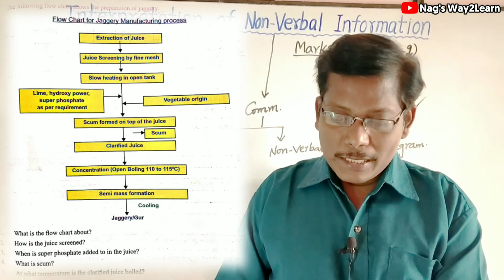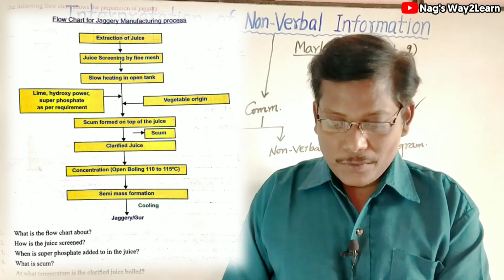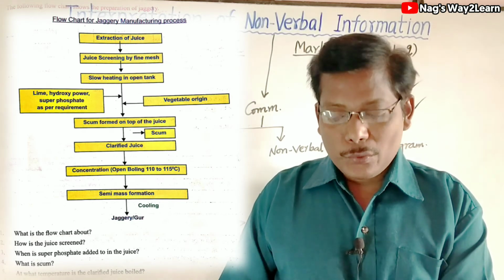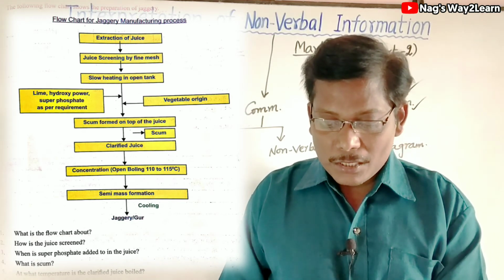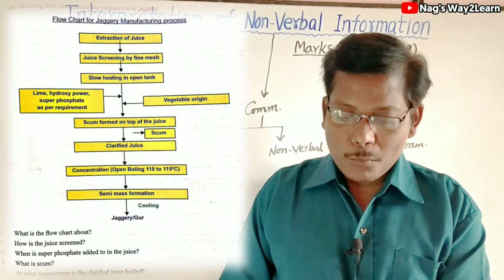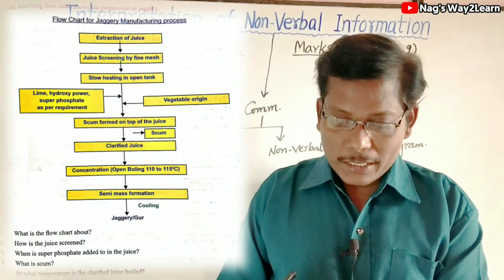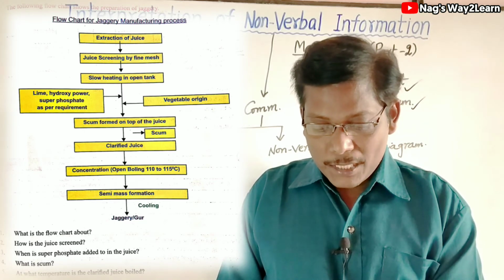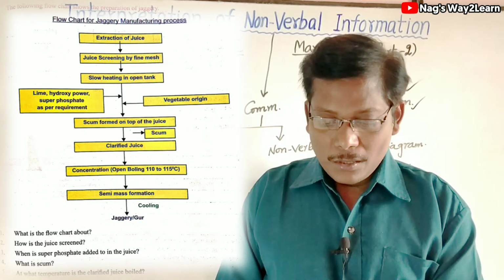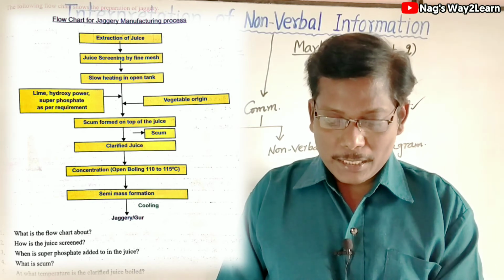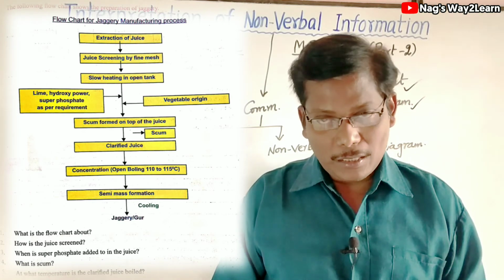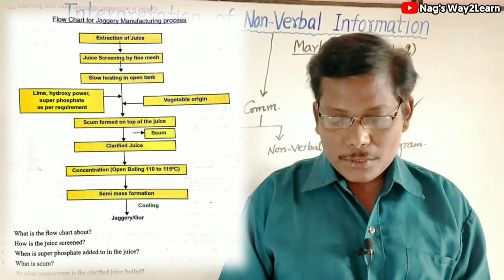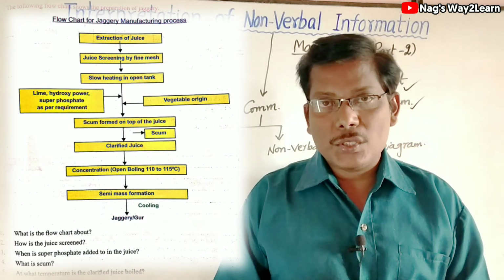Next, after taking away the scum, the next step will be clarified juice, and the next one is concentration. That means open boiling 110 to 115 degrees centigrade, and finally semi mass formation. After this one, cooling takes place, and finally you will get jaggery. So these are the steps in the process of making jaggery.